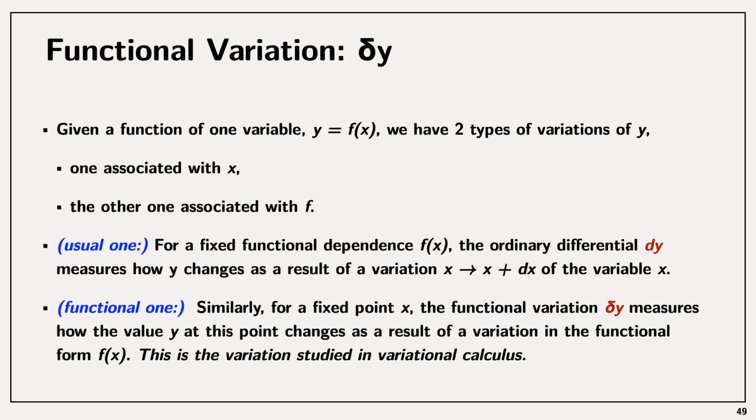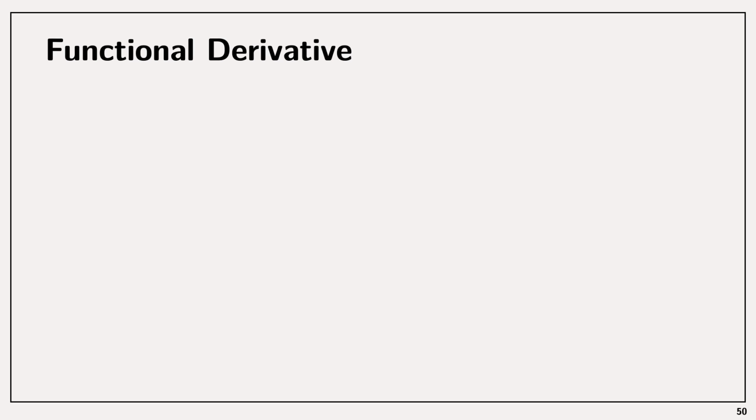Imagine that you have that function, and then you stay at one place x, for example, along the x-axis, and how the function varies depends on how the functional form f of x varies. This is what we are doing here. So this is very formal. Frankly, I have to introduce this in this slide. It can be debated how much information you get from these slides, because what's going to come now is going to clarify everything. So let's talk about functional derivative.